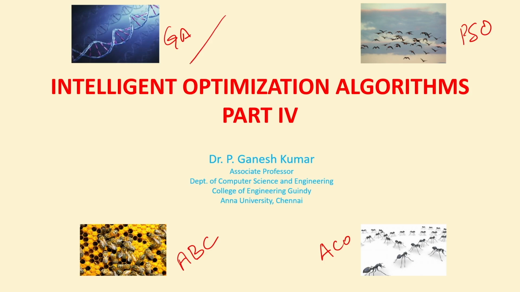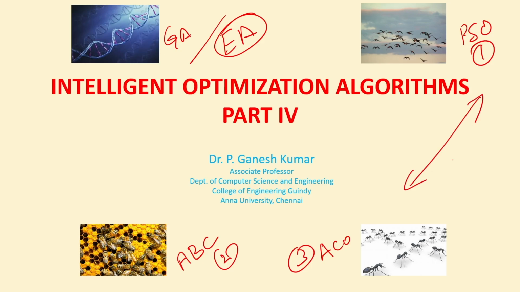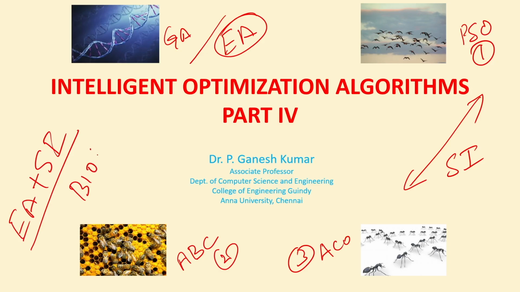So, this is one category that comes under evolutionary algorithms, and these three are another set of algorithms that come under Swarm Intelligence. But collectively, the evolutionary algorithms plus the Swarm Intelligence algorithms are called bio-inspired or nature-inspired optimization algorithms.